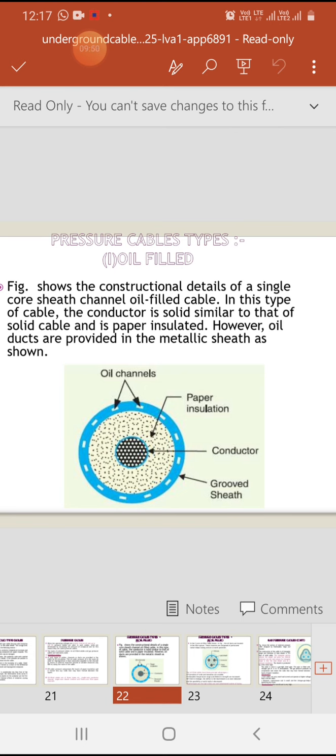The oil pressure compresses the layer of paper insulation and prevents the possibility of void formation. This system is so designed that when the oil gets expanded due to increase in cable temperature, the extra oil collects in the reservoir. However, when the cable's temperature falls during light load conditions, the oil from the reservoir flows to the channel.